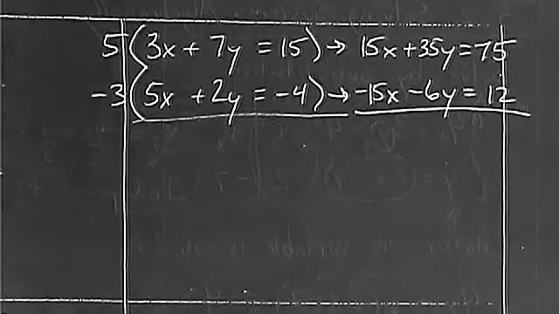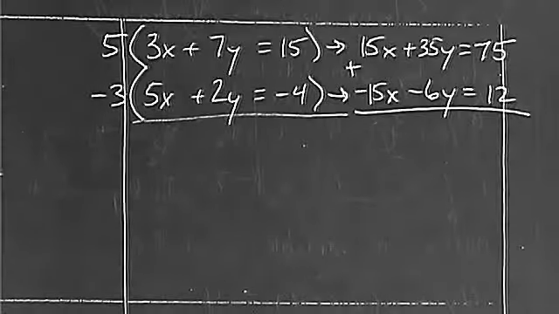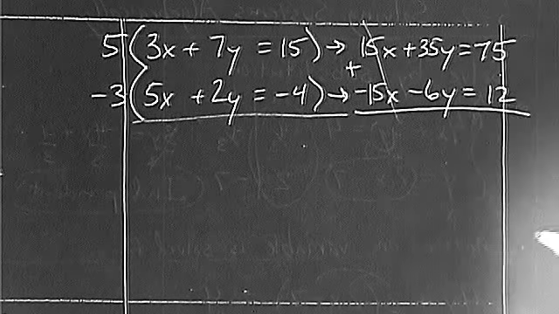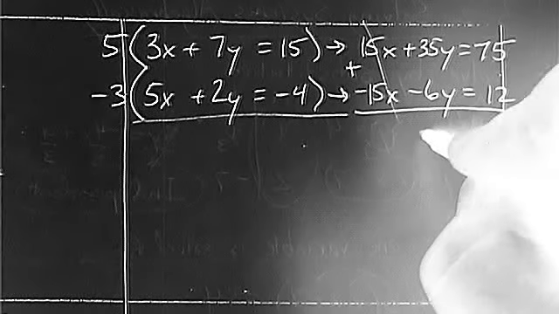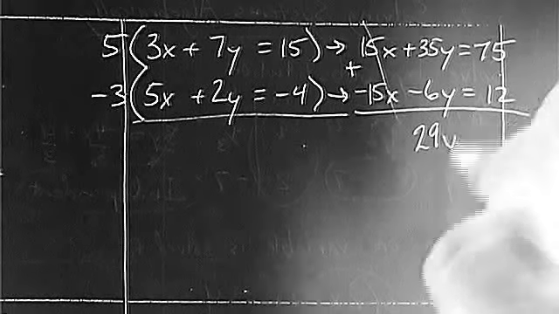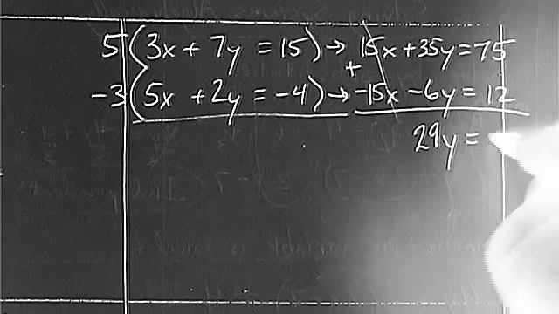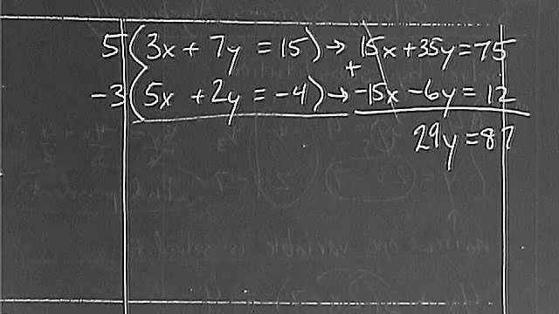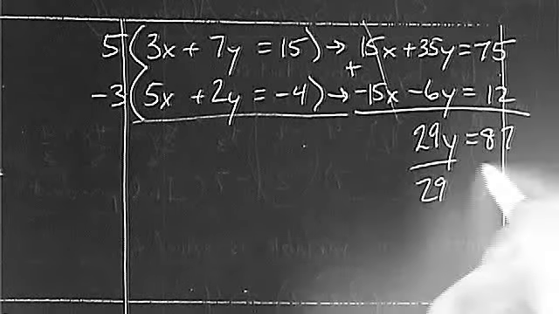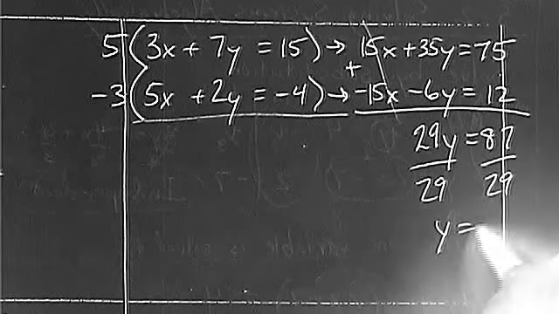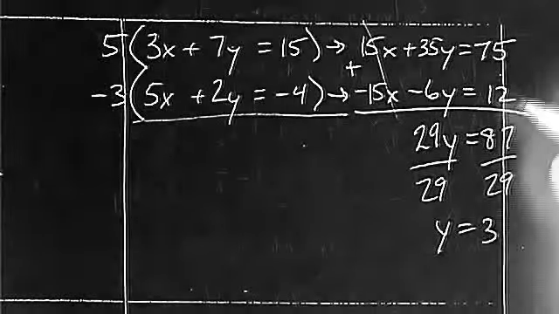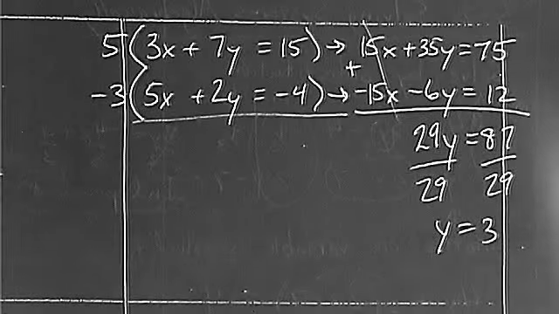Now when you add these together, right, because that's what we're doing, we've gotten rid of the x's, they're gone, giving me 29y equals 87. Divide out the 29. And we find out that y is 3. Take your pick on which equation you want to use to find x.